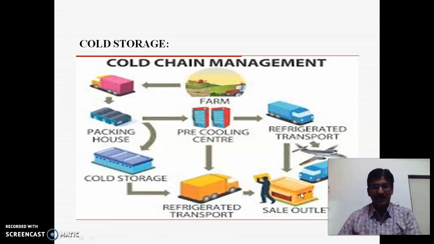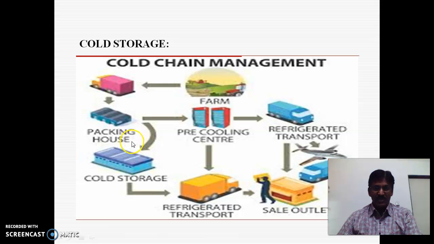In cold chain management, whatever the product we are producing in the farm, vegetable or fruit, we are maintaining at low temperature inside the cold storage, or we go for pre-cooling if it requires immediate supply for the market, then from the pre-cooling center it directly goes to the sale outlet.